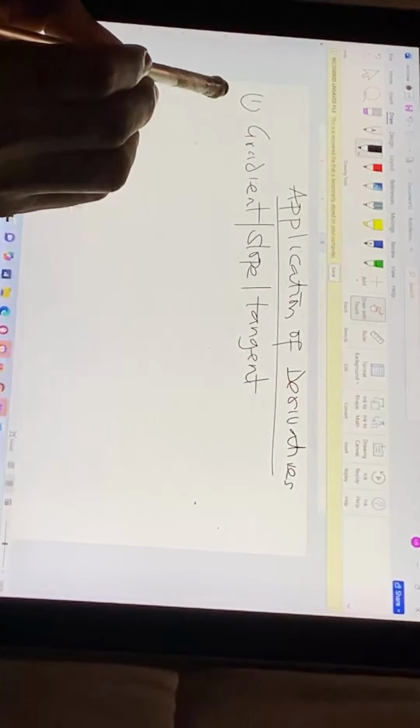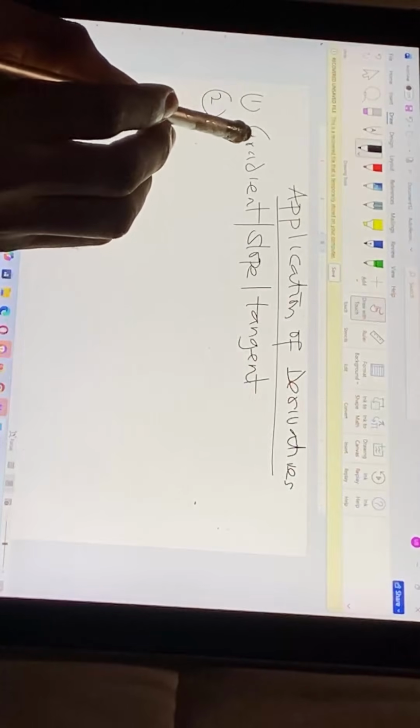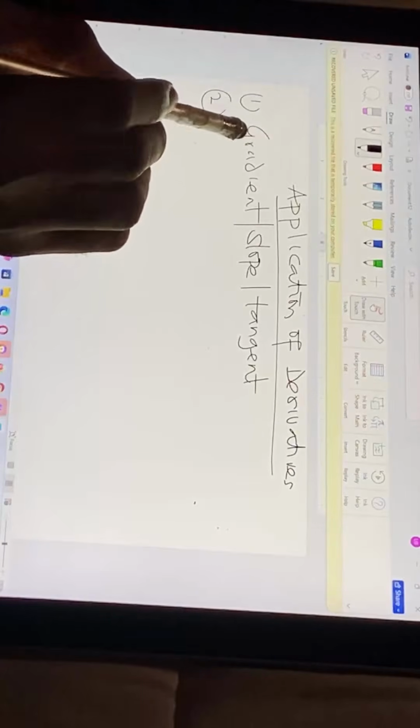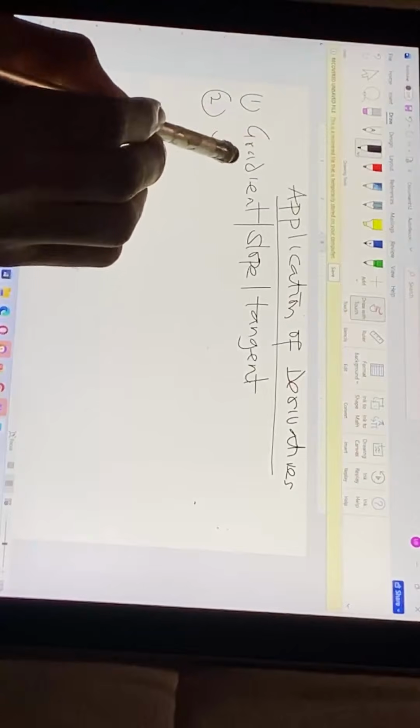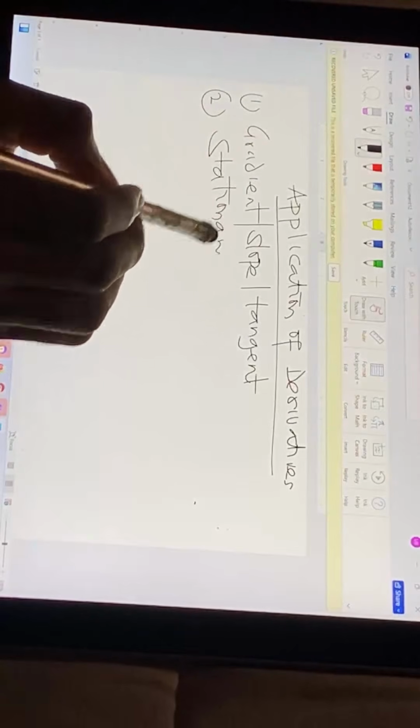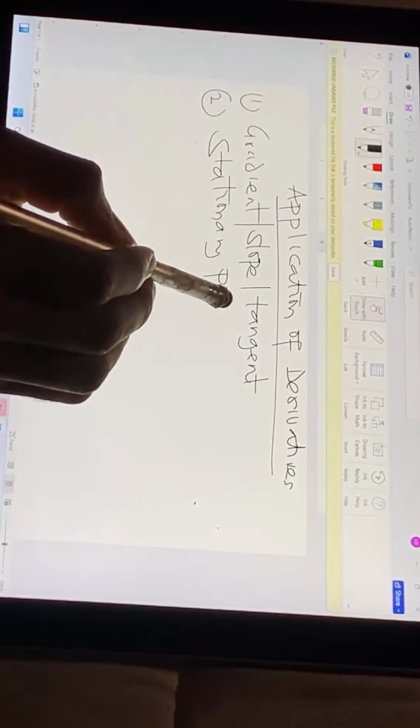Very important. The second is stationary point.